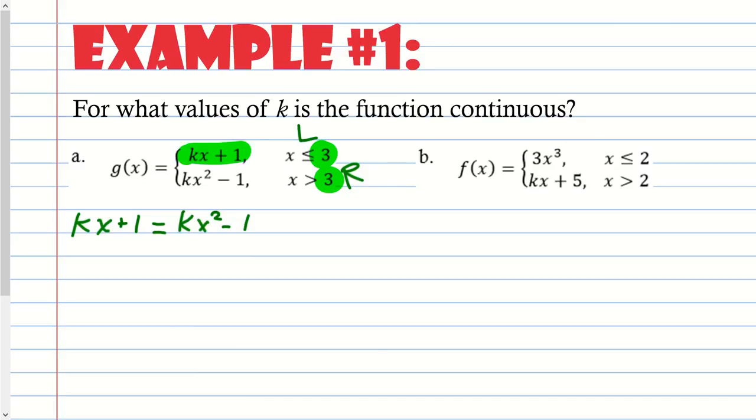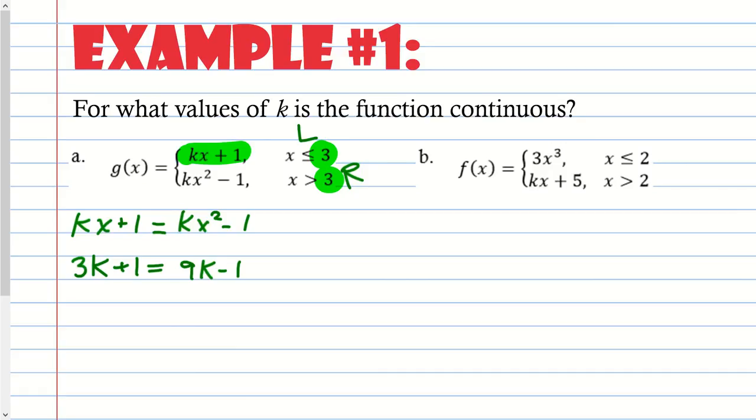K is what we're trying to figure out. So you plug in 3, because that's known to us. Now it's k times 3 instead of x, but of course, we always write the numbers first. So 3k plus 1 equals, and now it's k times x squared, so 3 squared is 9, so 9k minus 1. Now the idea is that these should equal each other.